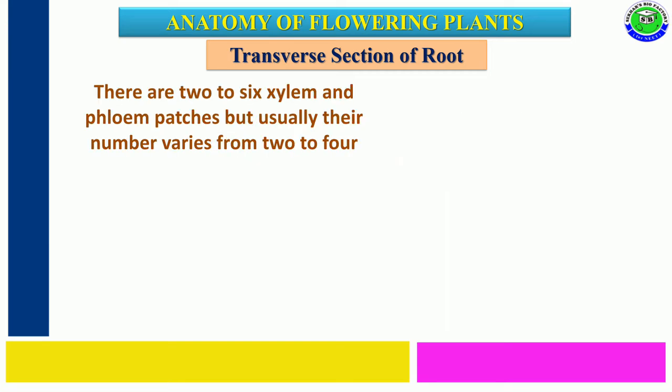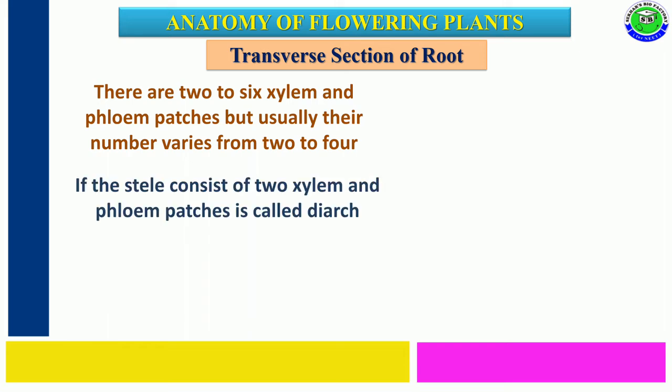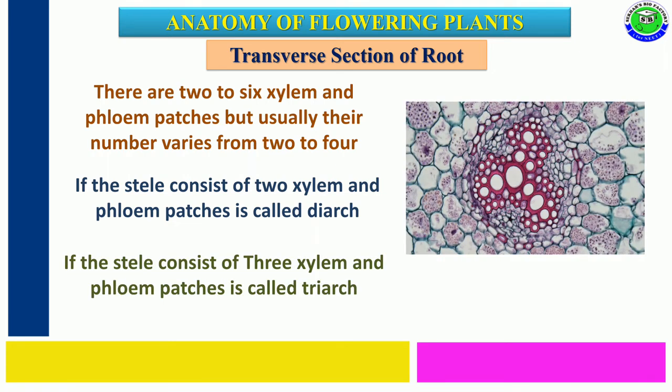In this stele, generally 2 to 6 patches of xylem and phloem are present on radial walls. Usually 2 to 4 are present in dicot root. If the stele consists of 2 xylem and 2 phloem patches, that condition is called diarch condition. If the stele consists of 3 xylem and 3 phloem patches, that condition is called triarch condition.